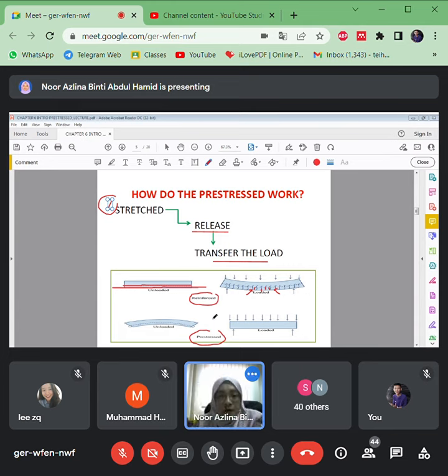But once we compare with the pre-stressed reinforced concrete here, this is the condition or position of the pre-stressed concrete during unloaded, which is in a state of upward deformation.